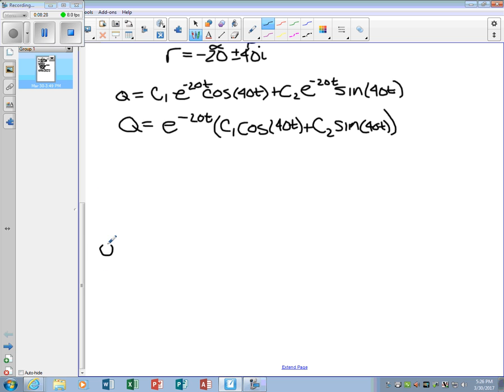First derivative: we're going to take negative 20 e to the negative 20t, times our regular stuff in there, and then plus e to the negative 20t, and then we have to factor the inside.